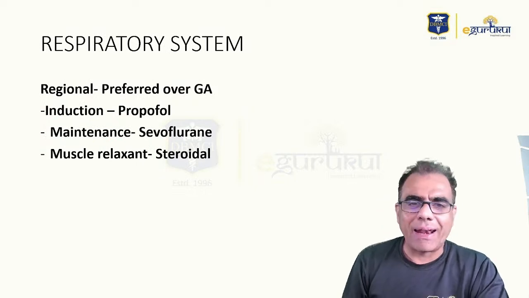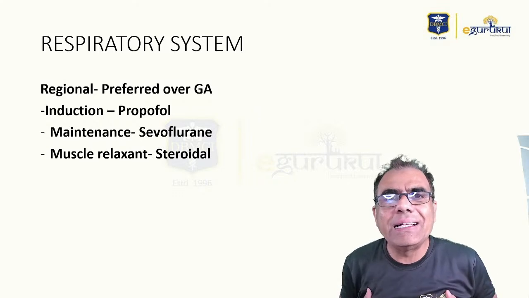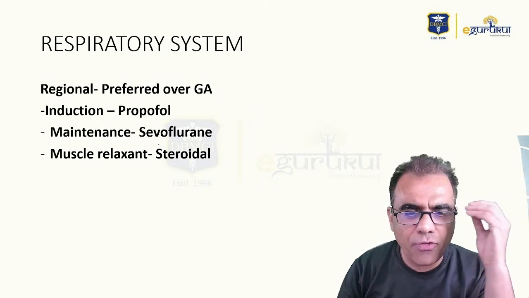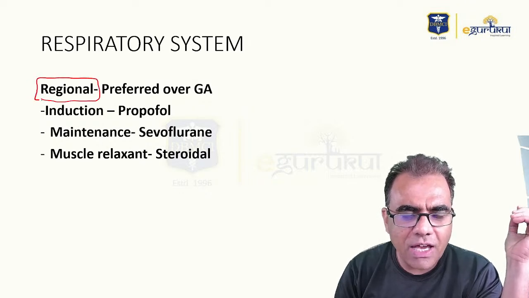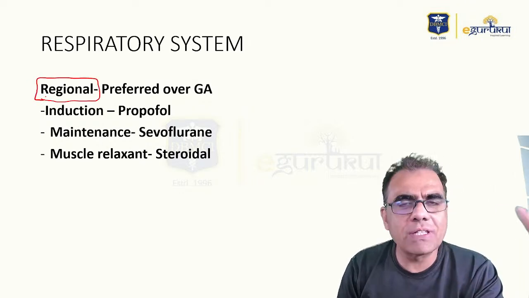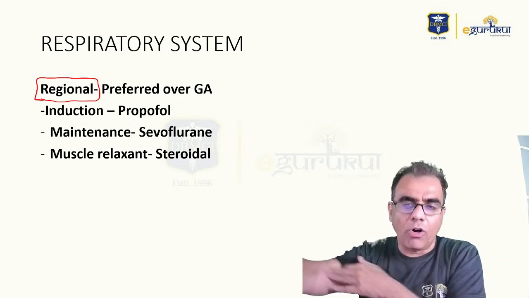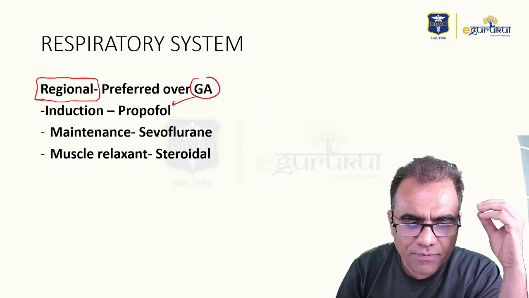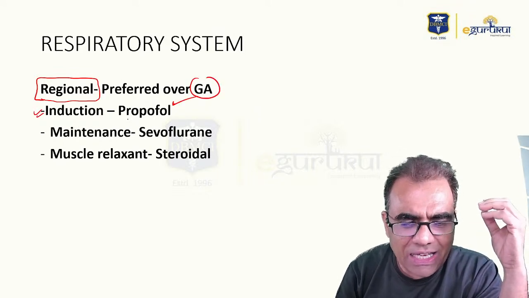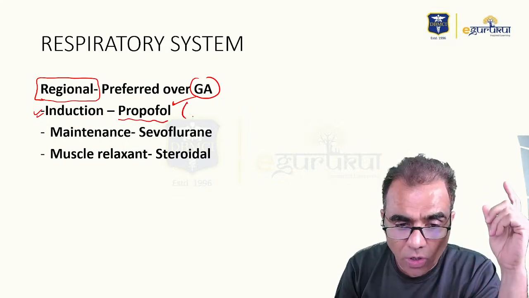Respiratory system: we want to avoid touching the chest and lungs, so we will always prefer regional anesthesia. If we can avoid GA, touching the respiratory system, then obviously the anesthesia of choice, if they ask you, will be regional. But all surgeries are not possible under regional. So if you are giving GA, then induction is propofol for controlled asthmatics.